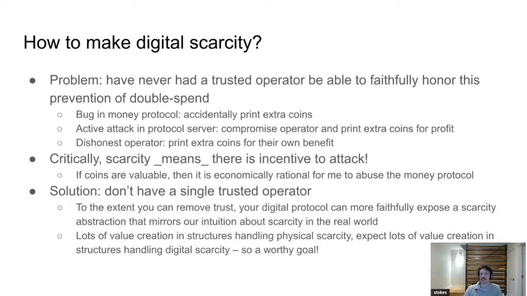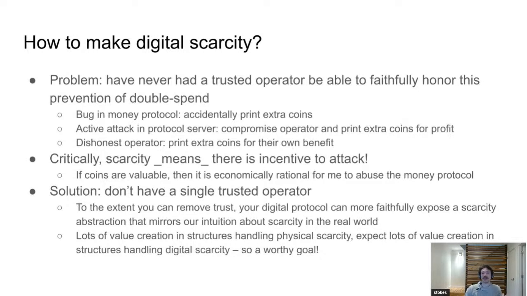There are a number of ways this can happen. One of them is a bug in the software that's implementing our money protocol. What this could look like is the server accidentally makes extra coins. So let's say they commit to there only being 1,000 coins, and there's some bug, and suddenly there's 1,001 coins. For us using this protocol, that's not quite fair.